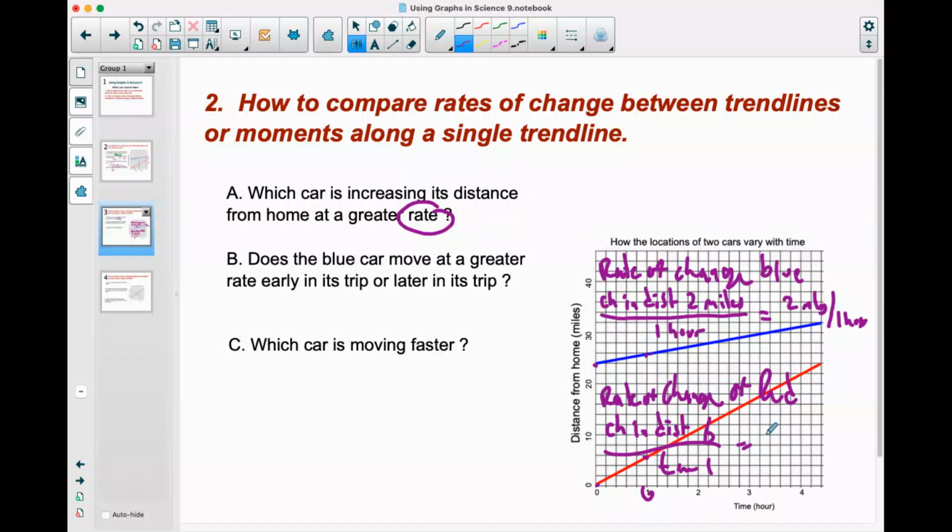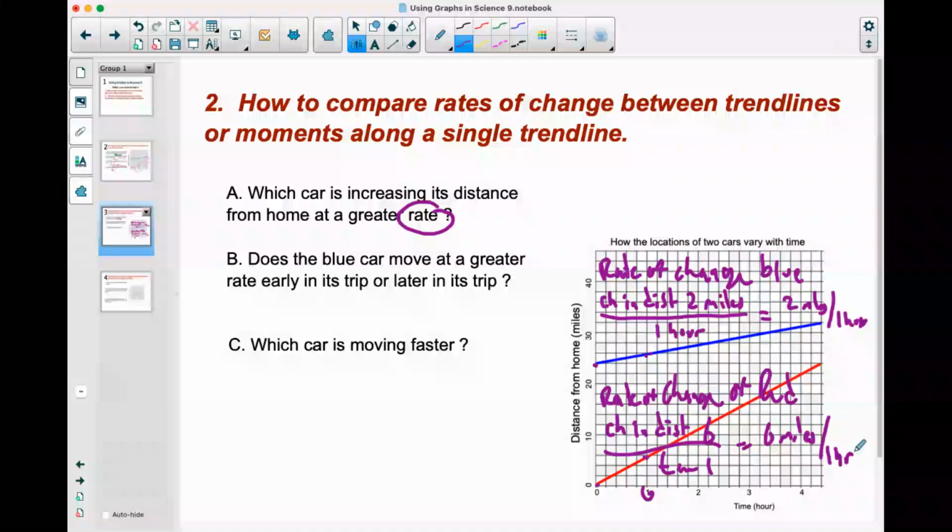And so that's a rate of change of 6 miles per 1 hour. Okay, so now we can answer the question, which car is increasing its distance from home at a greater rate? Well, at least in that first bit of time, the red car is increasing its distance at a greater rate.